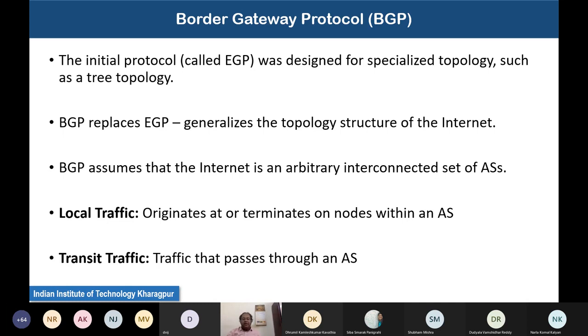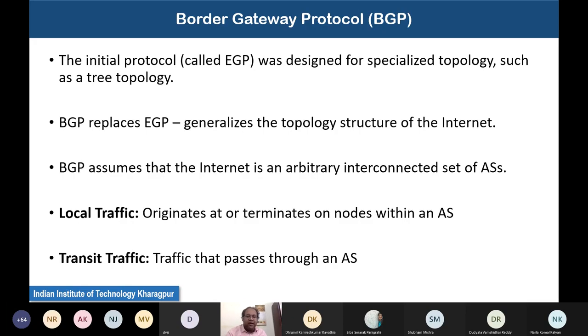Predominantly in the internet, the protocol used for inter-domain routing is the Border Gateway Protocol, or BGP. The initial protocol designed by ARPANET, called the Exterior Gateway Protocol, or EGP, was designed for a specialized topology such as a tree topology.